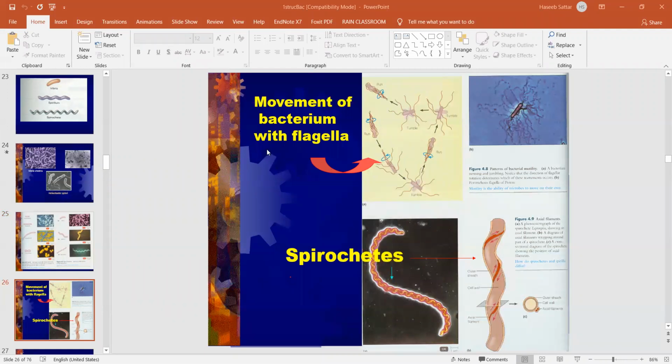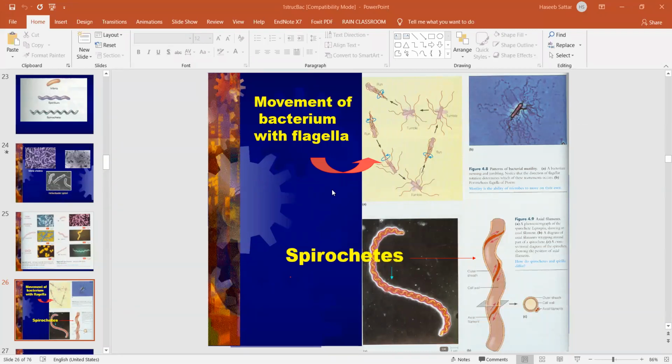Okay, so all the bacteria have cell organelles that we call the flagella, or flagellum, which helps for their movement. So all bacteria can move with the help of flagellum. Some bacteria are uniflagellate, and some are multiflagellate.